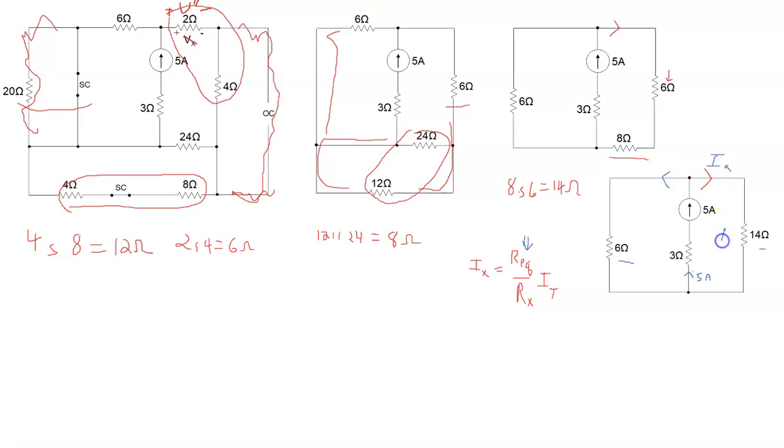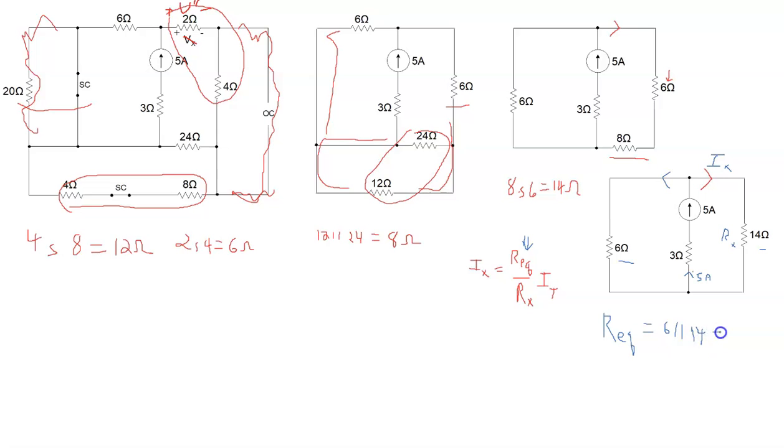So that means that this 14 is Rx, and for this calculation, Req is 6 in parallel with 14.